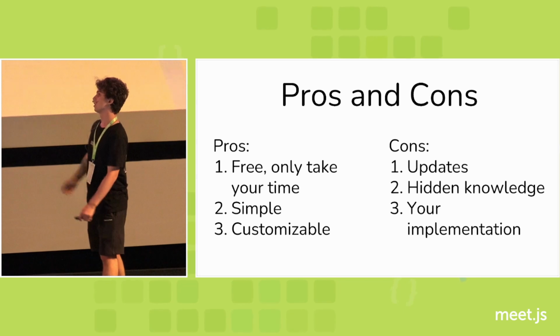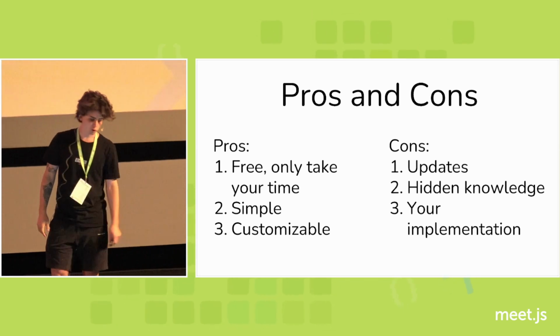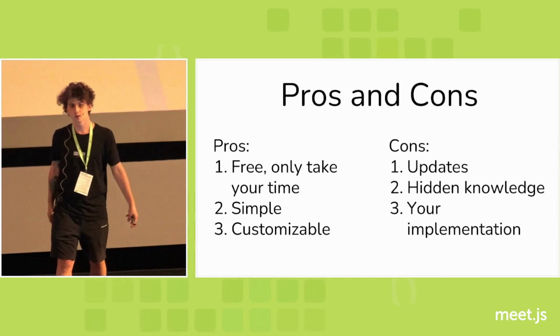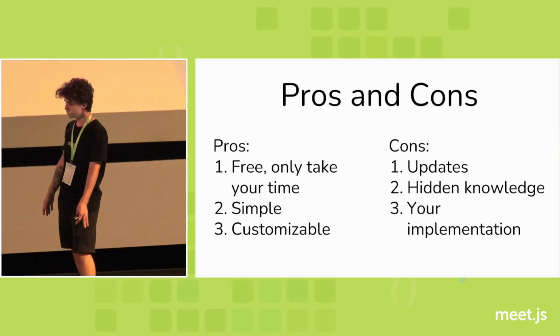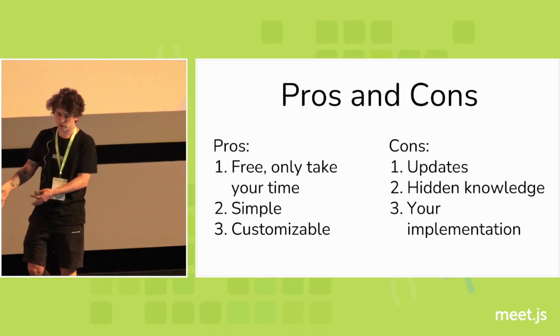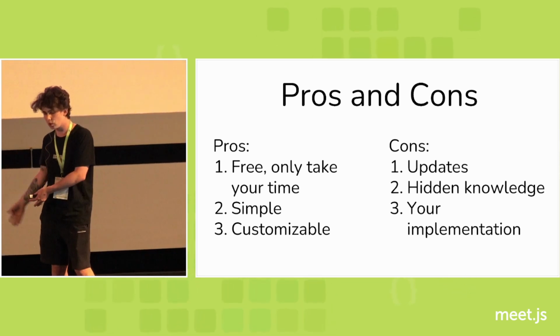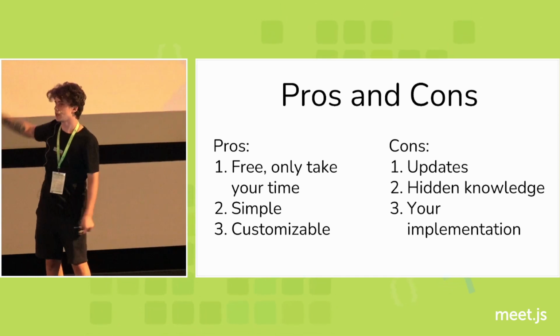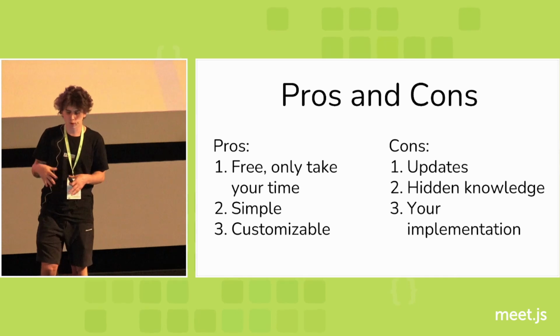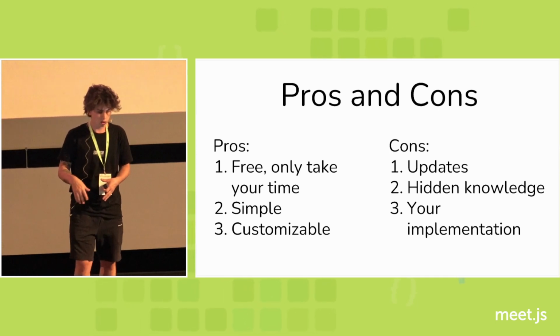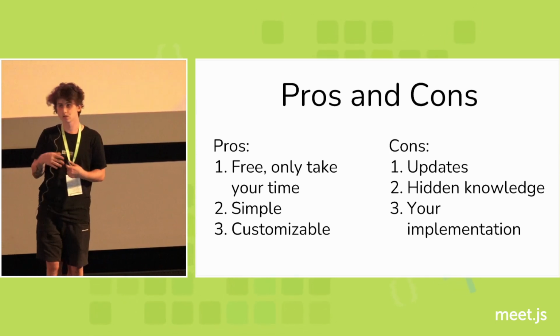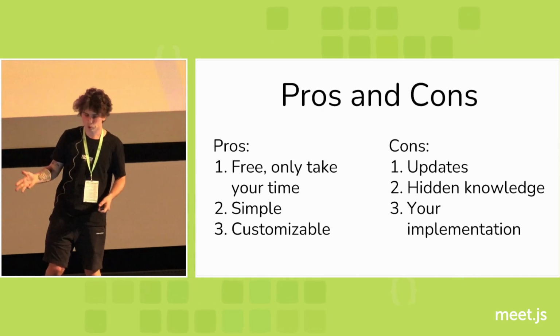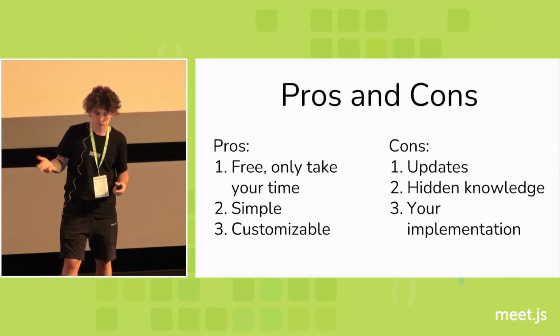Our pros: this is free. It only takes your time. You need to implement it and nothing more. So you don't pay for Nx Cloud, for example, $1,000 per month. You just need to spend 2 days with this instruction to implement your own cloud provider to store and retrieve files, and you only pay for your cloud provider, for AWS, to store files.